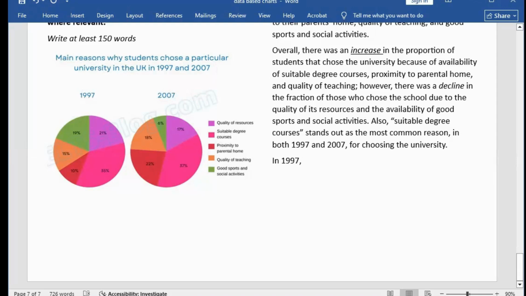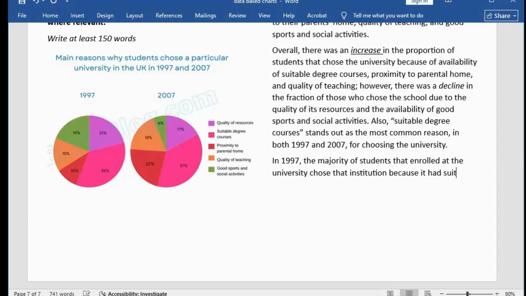In 1997, the majority of students that enrolled at the university chose that school, chose that institution because it had suitable degree courses.